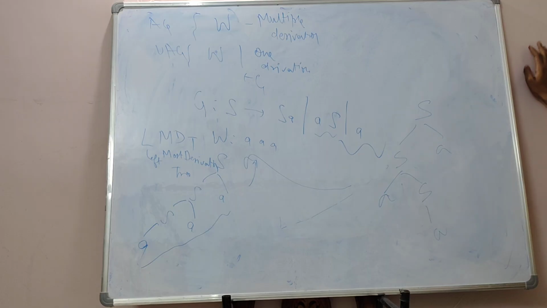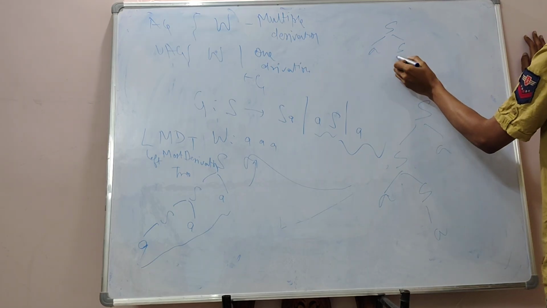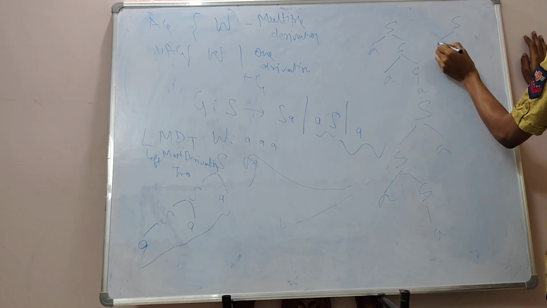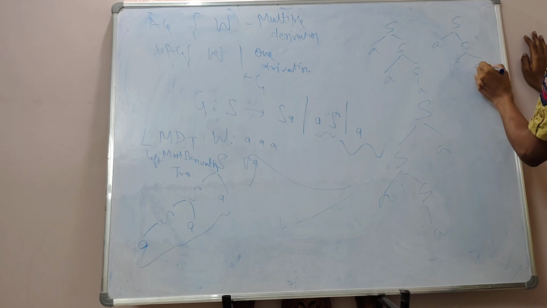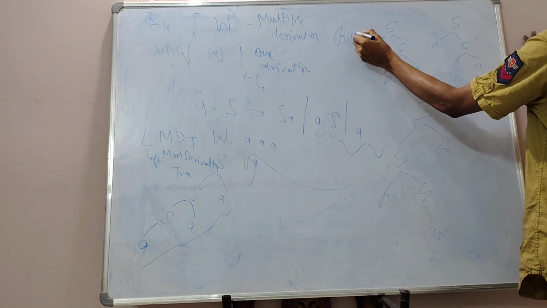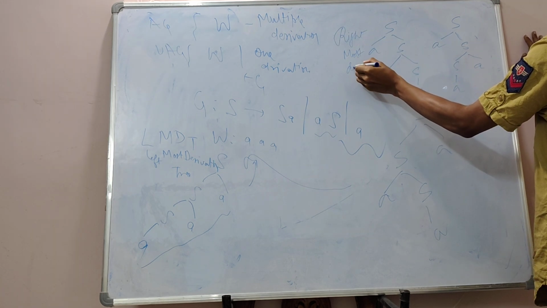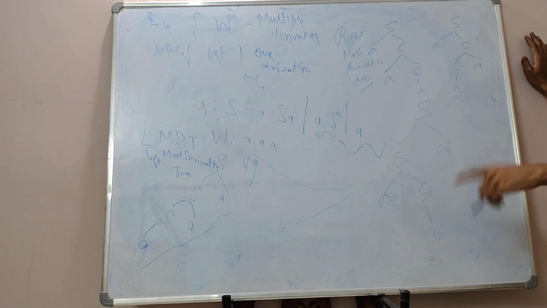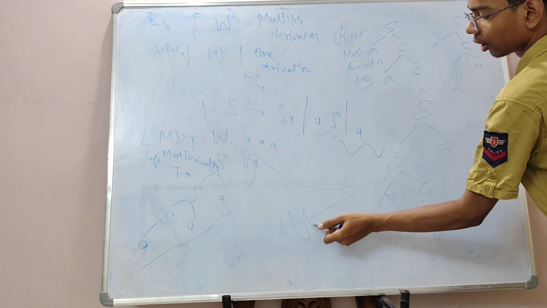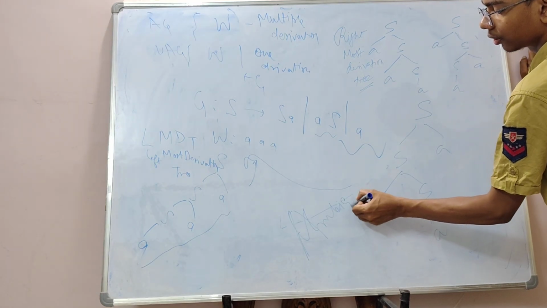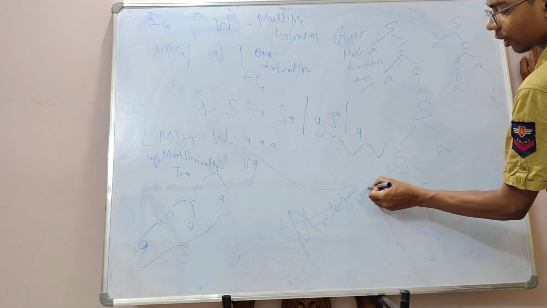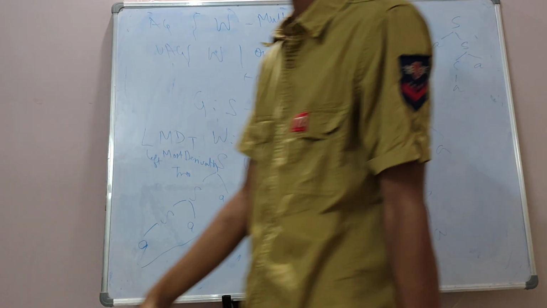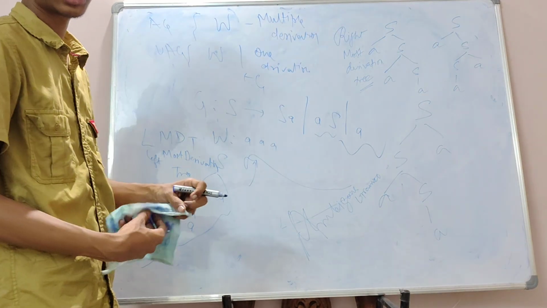And for rightmost I can write S A S, and this can be written as A S, here A, or this can be written as A S or S A and here A. These are rightmost derivation trees. So this way we can say this grammar is an ambiguous grammar, as it has more than one derivation tree, multiple derivation trees.